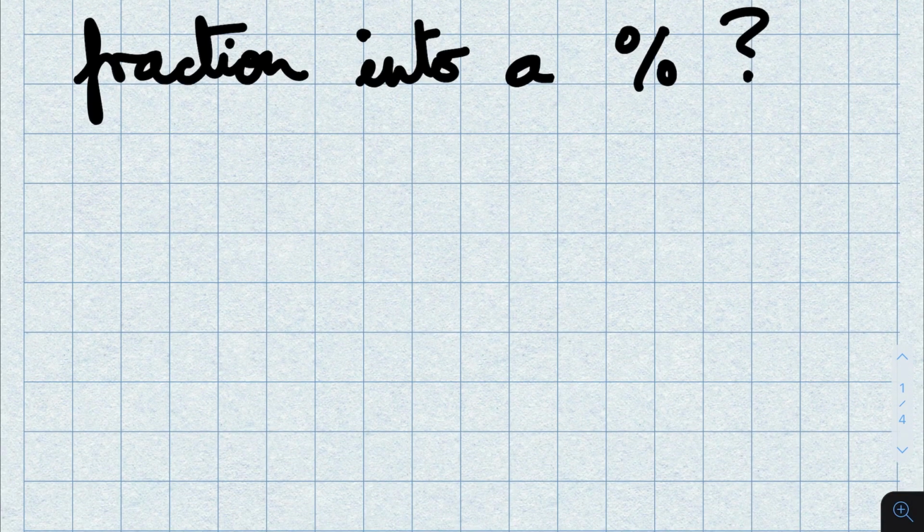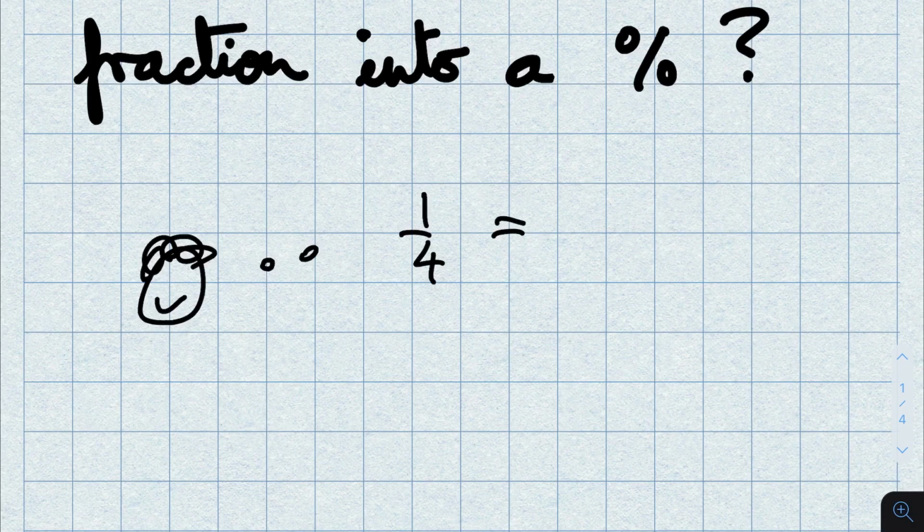So, one of the first things that I think of when I'm converting a fraction into a decimal, or indeed a percentage, as the question was really about, is the fact that we might know certain things. We might know that a quarter is the same as something out of 100.